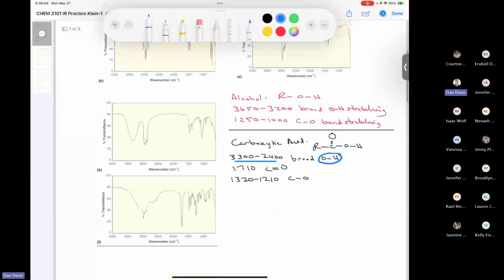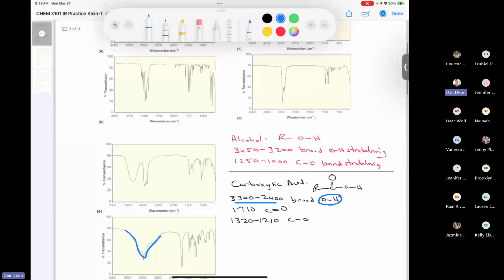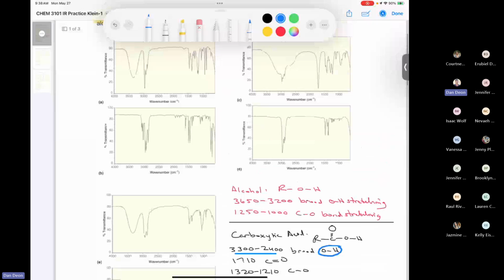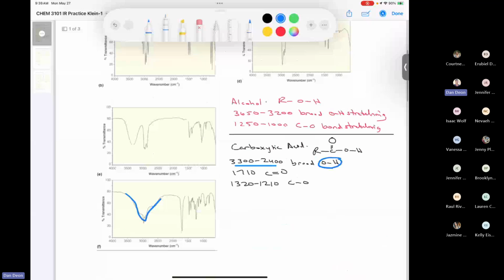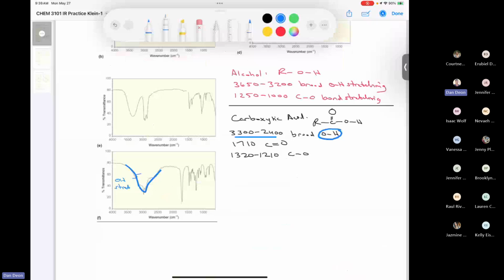You can see that here in this one, and then you also see it in B. So you see these very broad oxygen-hydrogen stretchings. So you'd say this is the OH stretch, and I'll just put here carboxylic acid. And with this one down here, I'll label it over here, OH stretch from a carboxylic acid.